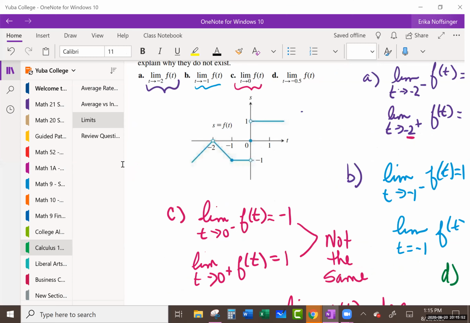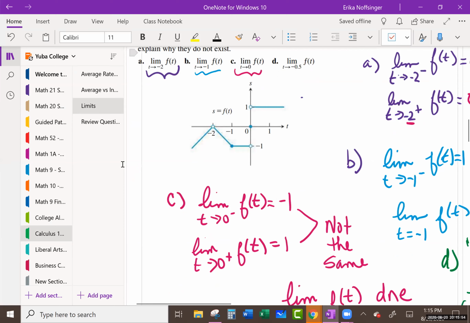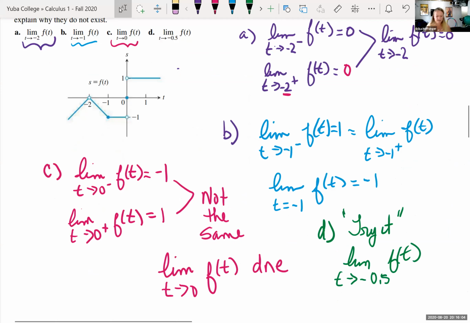What would you get as t is approaching -1/2? What is your y value going to? Or is it going to the same y value on the left and the right?